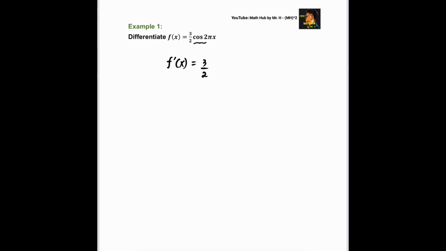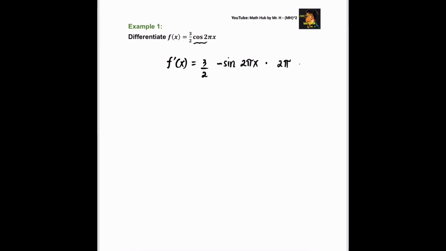The derivative of cosine is negative sine, so negative sine, and the angle is 2 pi x. After finding the derivative of the outside, next we need to find the derivative of the angle, and the derivative of 2 pi x is 2 pi.